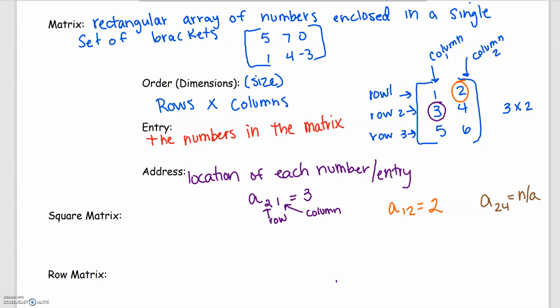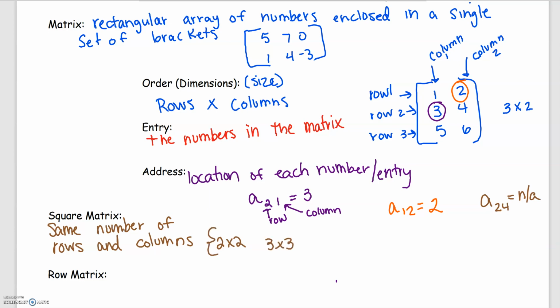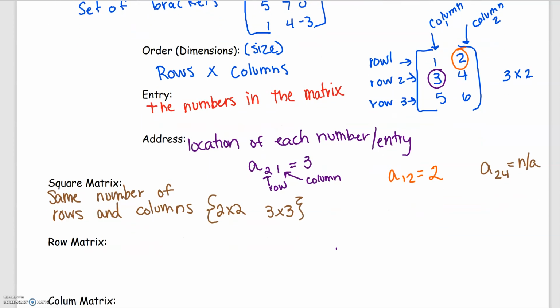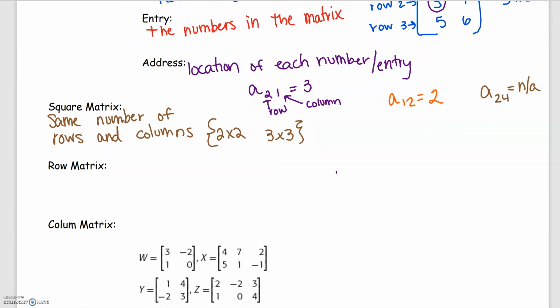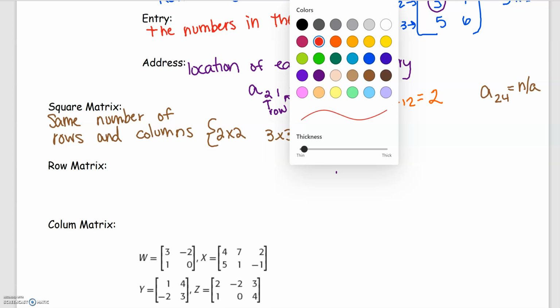A square matrix has the same number of rows and columns. So for example, a 2 by 2 or a 3 by 3, or a 4 by 4. A row matrix is a matrix with a single row.